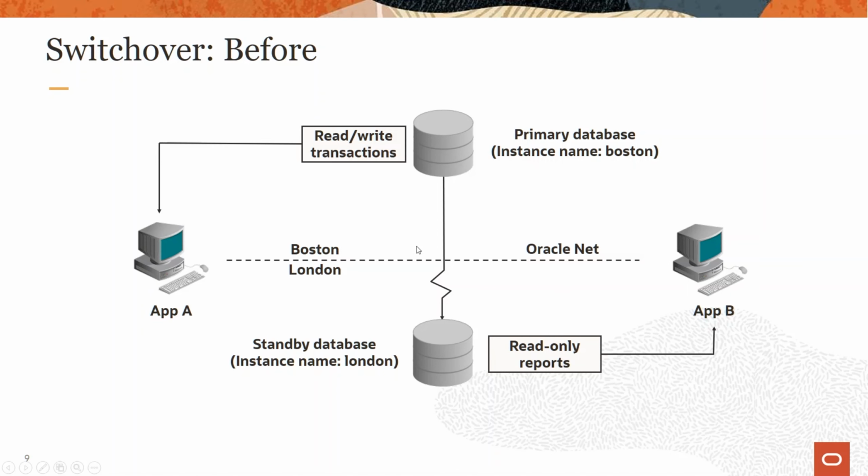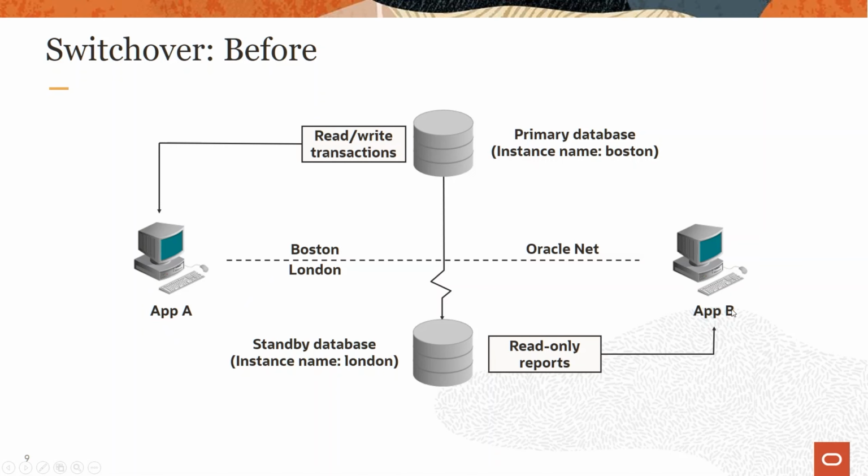In this example, I have a Boston database here, and we have a London database at the bottom. The primary database and standby database communicate with each other, and redo is shipped from primary to standby database. Since the primary database is open in read-write mode, application A makes transactions against the primary database.